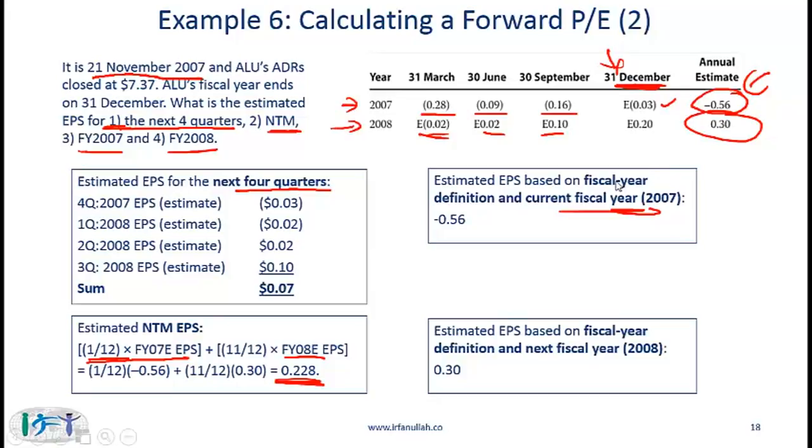And finally, estimated EPS based on fiscal year 08, there you simply take 0.3. So once you understand what's going on, it is straightforward, but look at how this has evolved since level 1. At level 1, you just said, okay, it's the EPS in the future, but now you recognize that it's important to understand the exact definition of the future in this context.